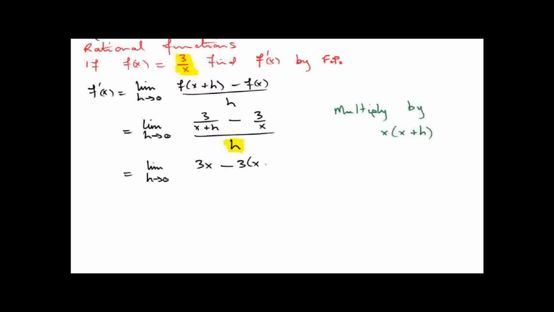I get 3 times x plus h. Is that okay? Now, whatever you do to the top, you've also got to do it to the bottom, so I can't ignore the bottom, can I? I've also got to multiply the bottom by h, x, and x plus h. Is that okay? So everything on top and everything on the bottom was multiplied by x and x plus h.